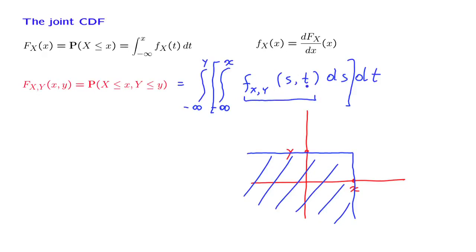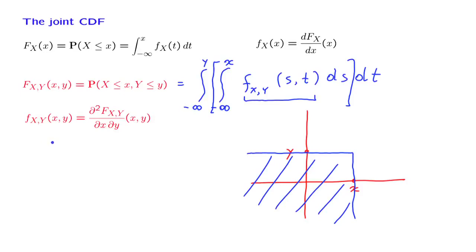And it will be the joint PDF evaluated at the particular limits of the integration. So it's going to be f sub XY at little x, little y. So we have this particular formula. By taking derivative with respect to x and then with respect to y, or maybe in the opposite order, it doesn't matter, this particular derivative gives us back the PDF.